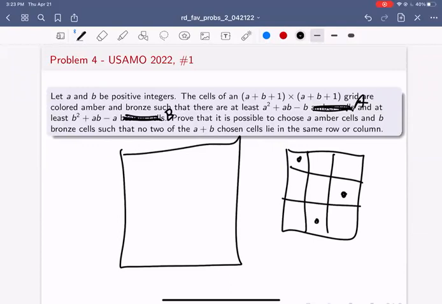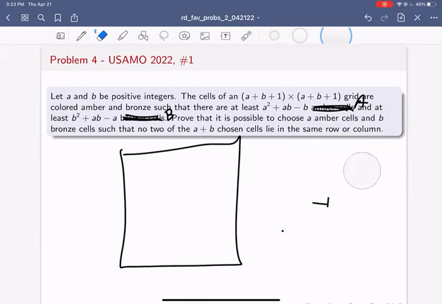And there are n factorial ways to do that, but the problems themselves are different, because here there are two different colors, and also you're not getting this A plus B plus 1 cells, you're only getting A plus B cells, although the size of the grid is A plus B plus 1. And this is a very complex problem that is hard to approach.